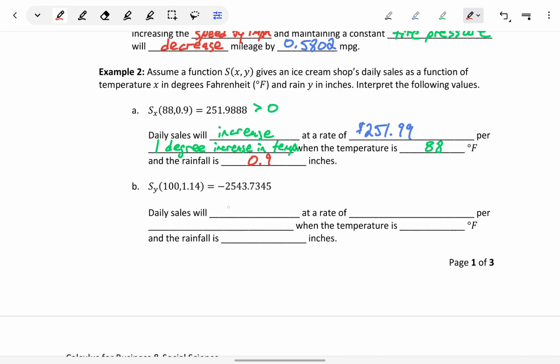In this case, this information tells us that daily sales will decrease, since the resulting function value is negative, at a rate of $2,543.73 per 1 inch increase in rainfall, when the temperature is 100 degrees Fahrenheit and rainfall is at 1.14 inches.